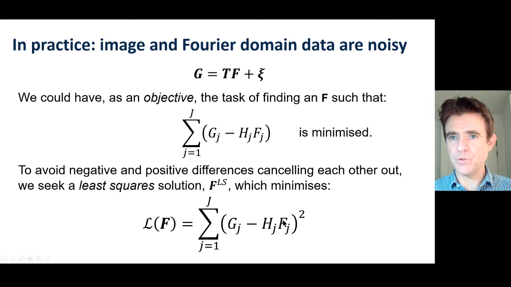So we're trying to find the spectrum of the object F. Such that if we do that, a comparison between the measured G and our forward modeled version of our reconstruction in the Fourier domain, we need that discrepancy to be as small as possible, and now we're squaring every discrepancy, so whether this model is too big or too small relative to G, it will still have a net contribution to this overall square error, if you like. And so that's why we're looking for a least square error, a least squares solution.